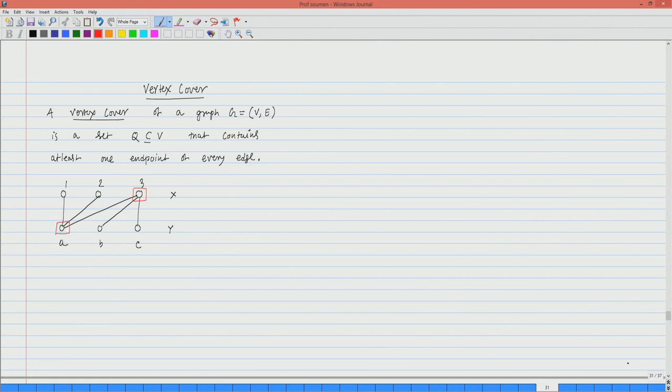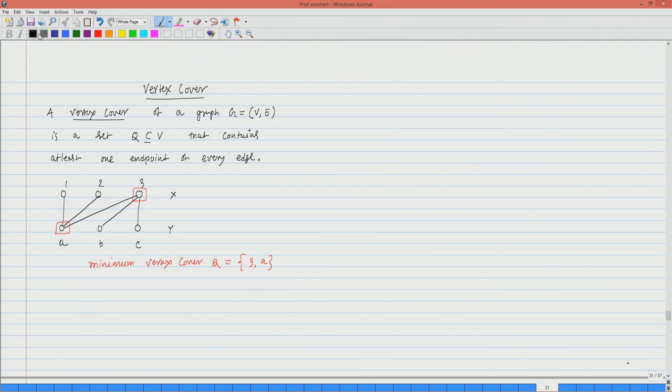Now, you can see that this is a vertex cover. This is a minimum vertex cover. The minimum vertex cover Q consists of 3 and A.